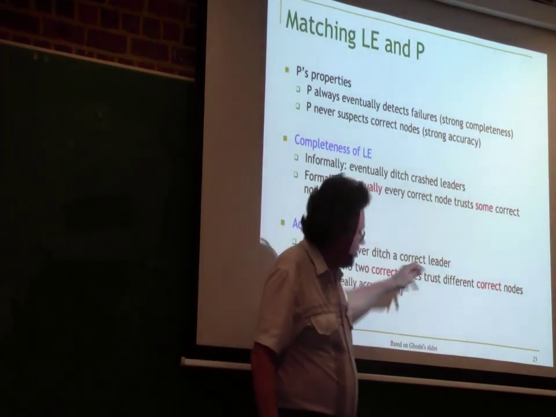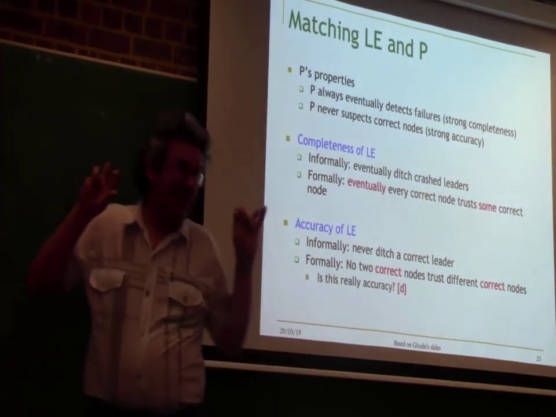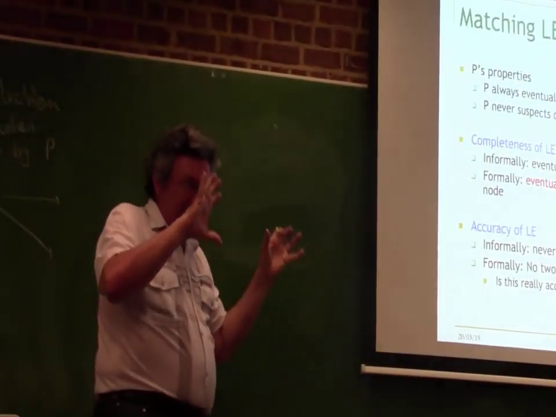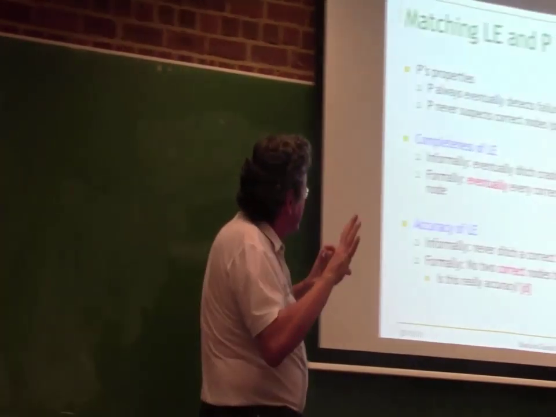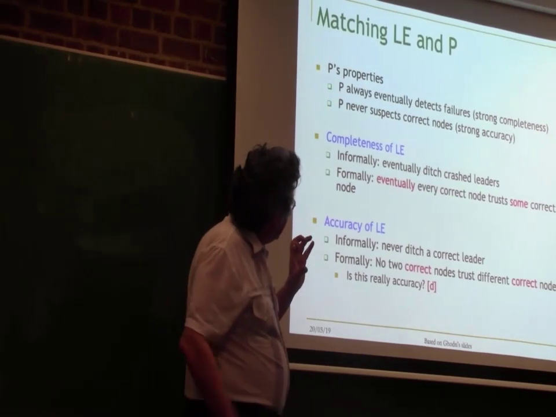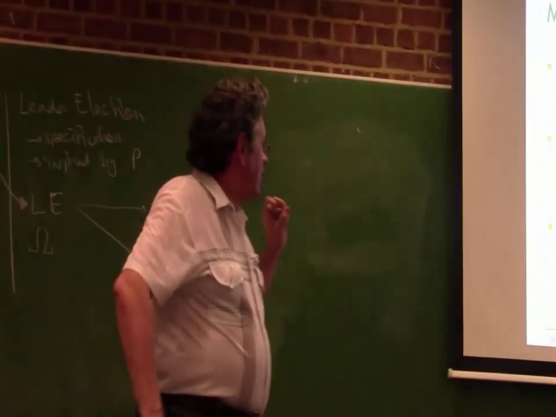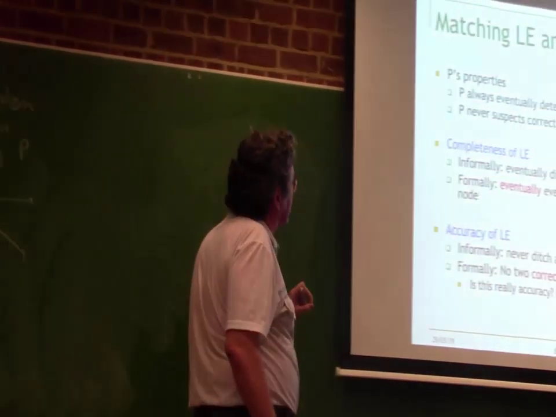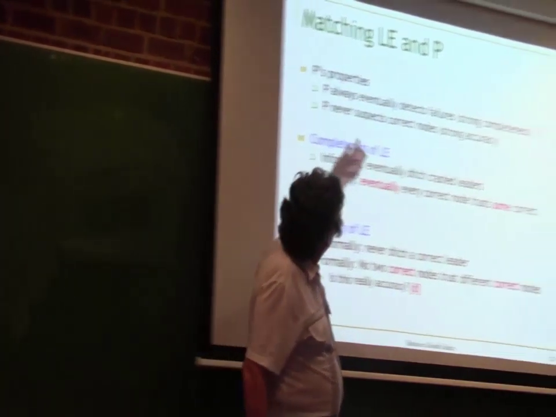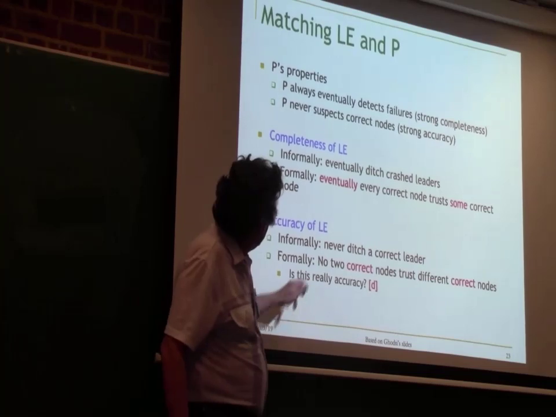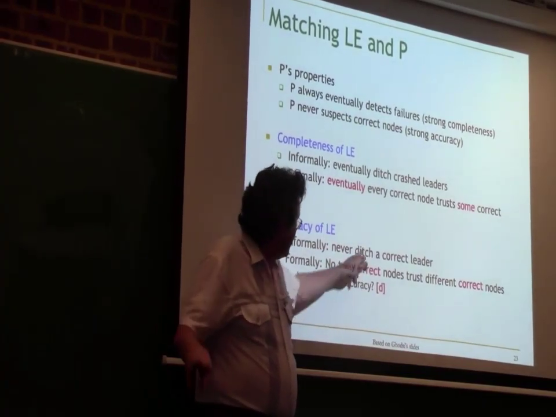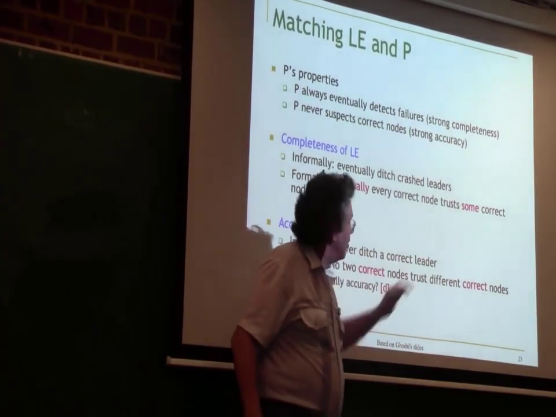You will never ditch or suspect. You have to kind of change the way of thinking in terms of suspected nodes and nodes that are not leaders. So here you will not suspect the node that's correct. Here you will not suspect or ditch a node that's a leader.